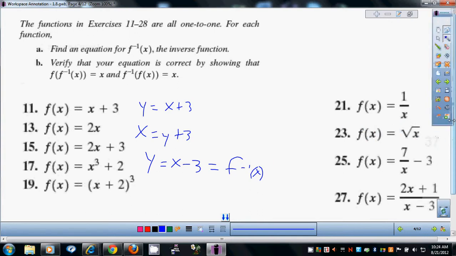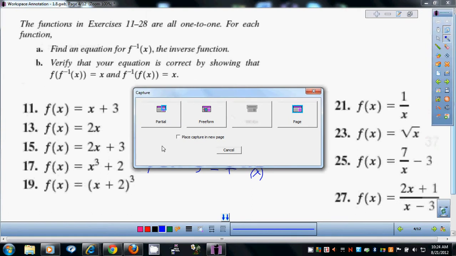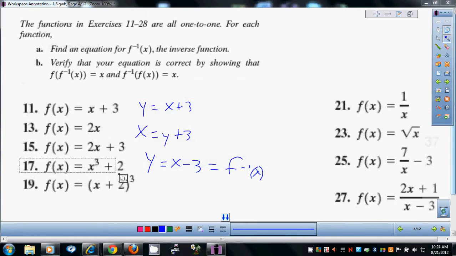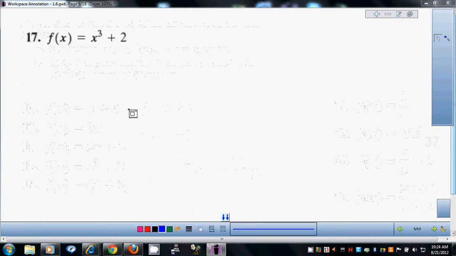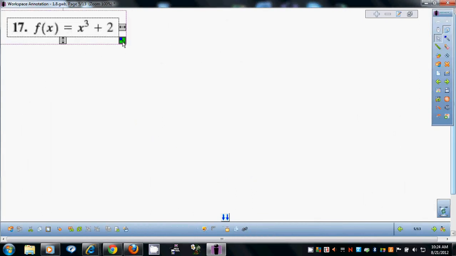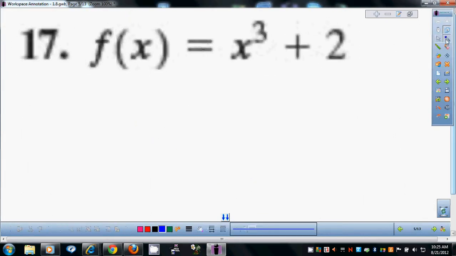All right, how about number 17? Let's look at 17. So, step 1 is what? Switch it to a y. Very good. Step 2. What do I do now, Kyler?